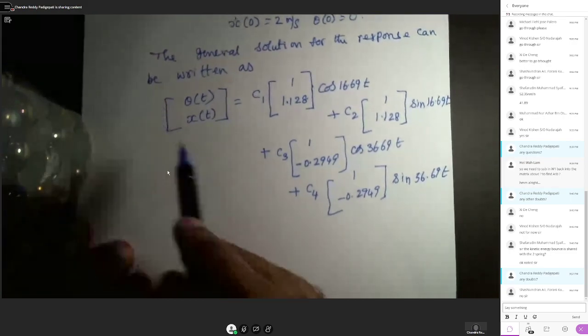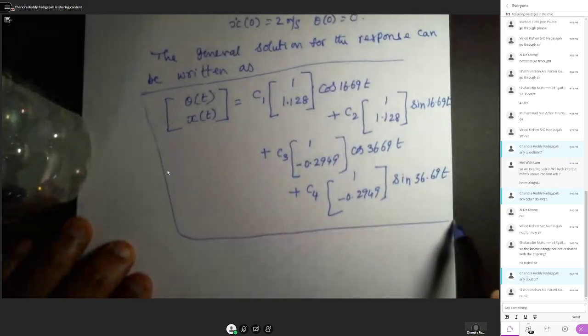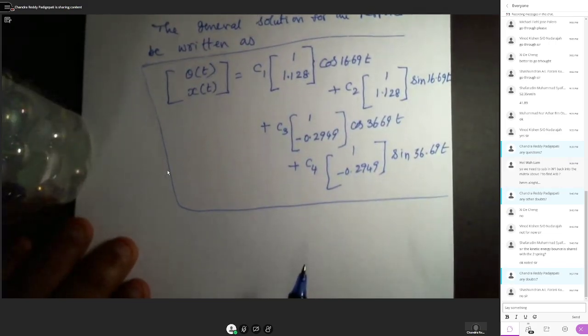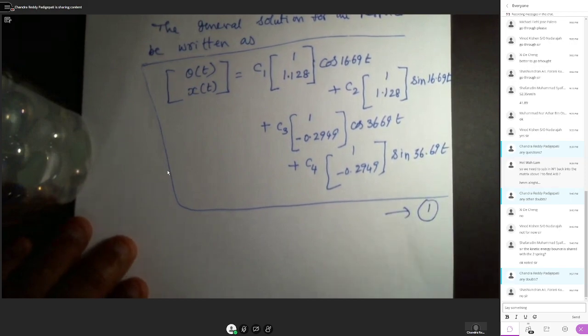So this is all one equation, which we can call equation 1.